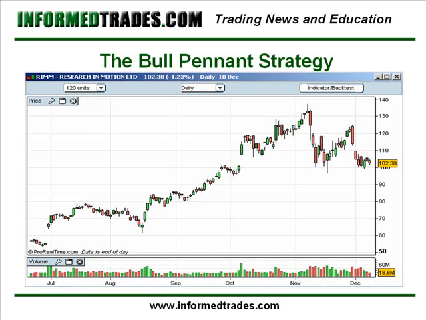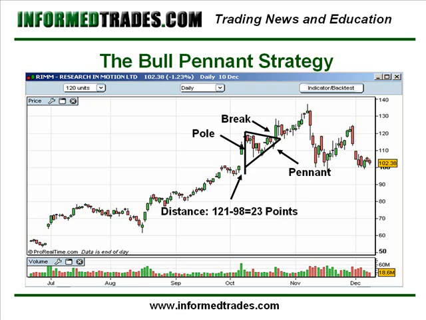The strategy for trading the bull pennant is exactly the same as trading the bull flag, with one exception, and that's where the stop's placed. So let's look at this. We have our pennant here. Same thing here as far as we're looking for a break of the upper line of the pennant, just like we did with the flag. We have that there. Then we look for the distance between the high point of the move up and the low point, and we subtract the low point from the high point.